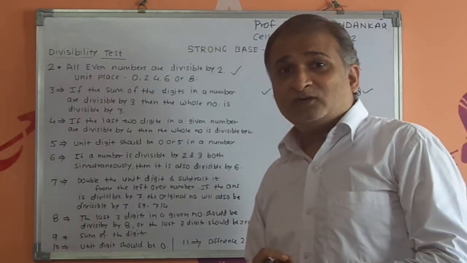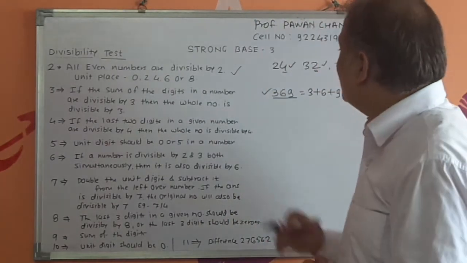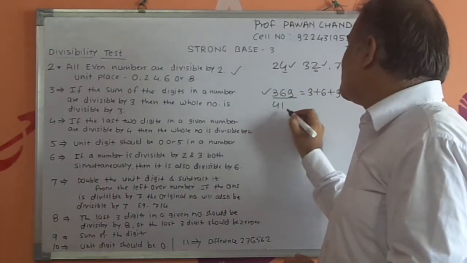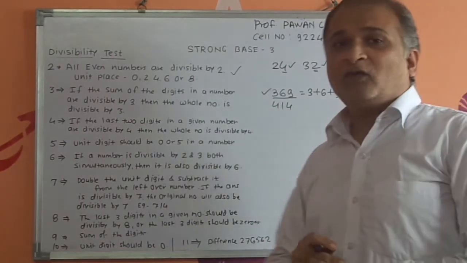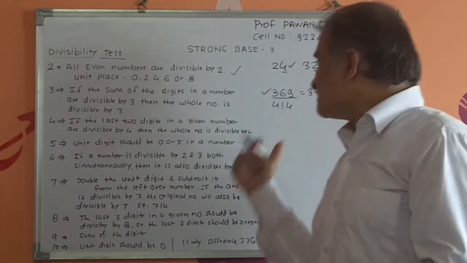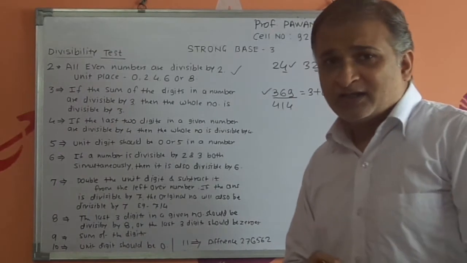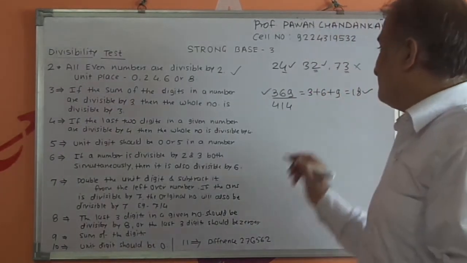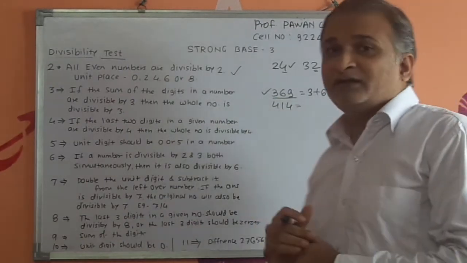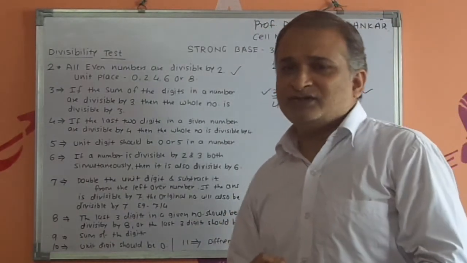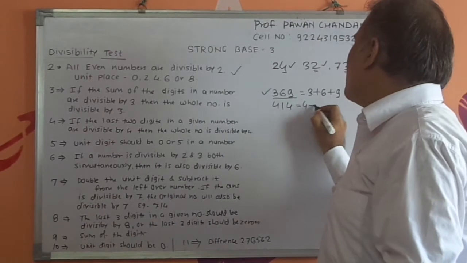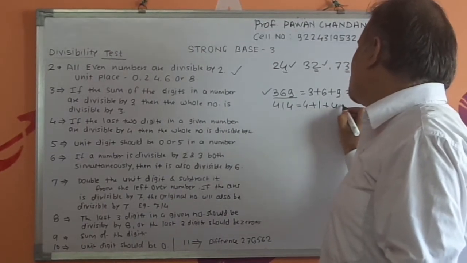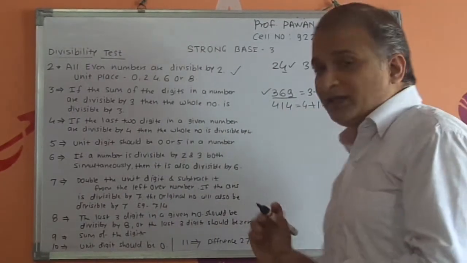Let us have one more example. Right, students? 414. Now, is this number divisible by 3? Yes, kids, come on, tell me fast. Now, you must have understood. The first step is to add the digits. So 4 plus 1 plus 4 gives you 9.